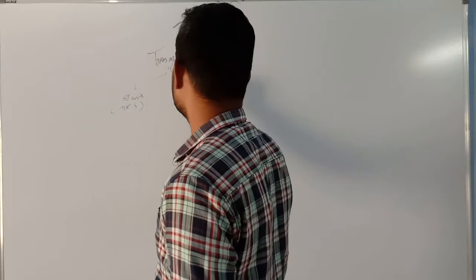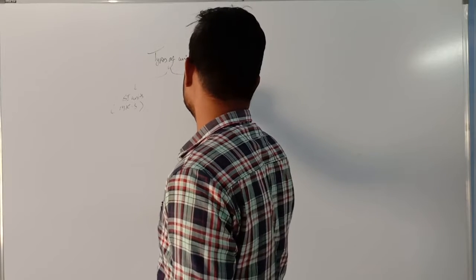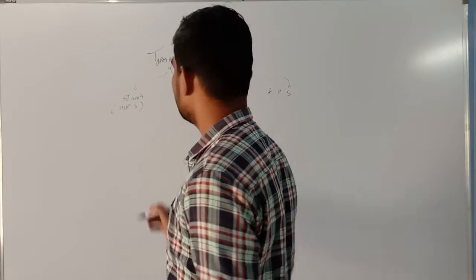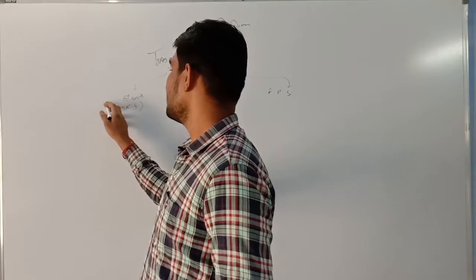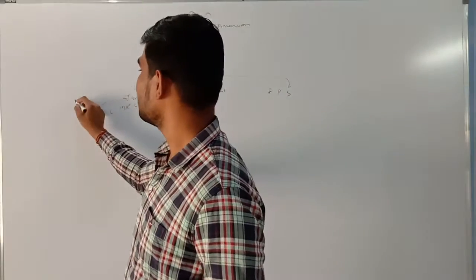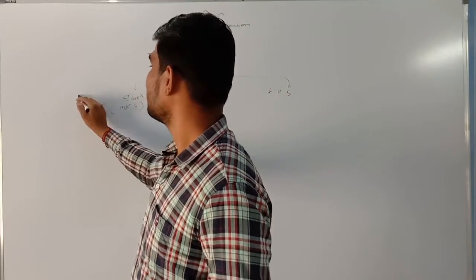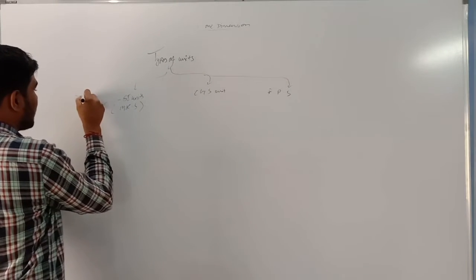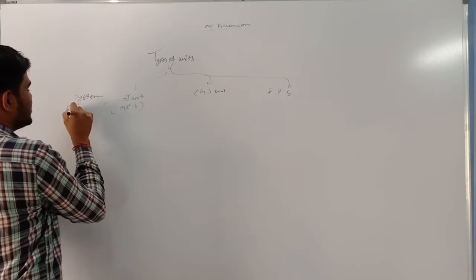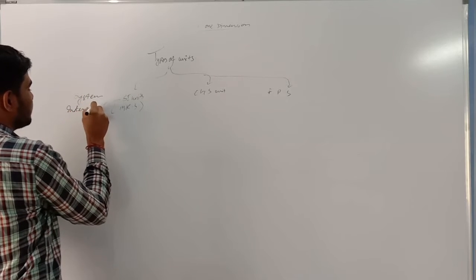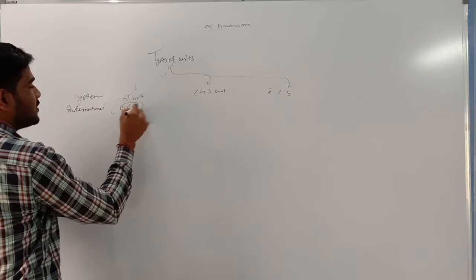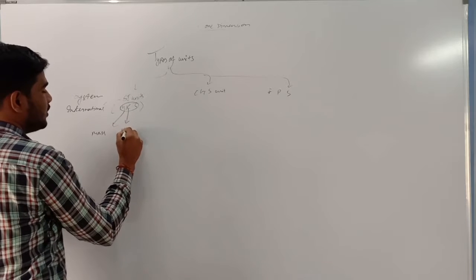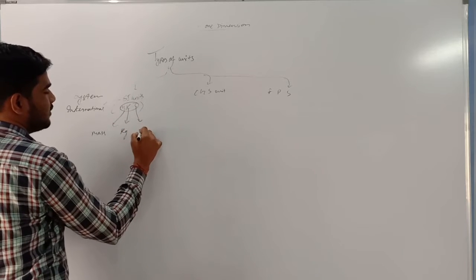Second is CGS unit, and third is FPS. Okay, what is MKS unit? First of all, SI means international system, standard system. And MKS means M is mass, K means kg, and S means second.